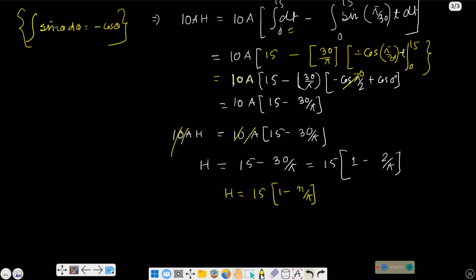Comparing these two, we get the value of n to be 2. So the answer is n = 2. I hope all of you have understood this problem. Thank you.